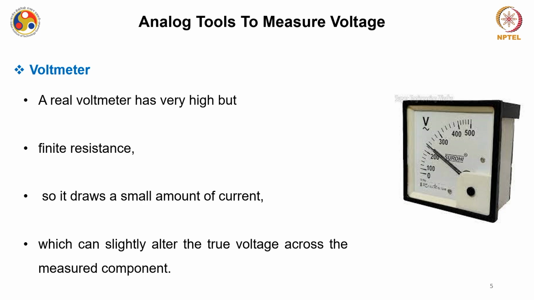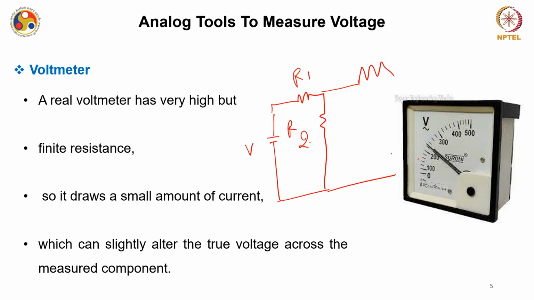Let us take the same example where you have a voltage source V, and different resistances, R1, R2, say this is R3, this is one node for example, and this is R4.